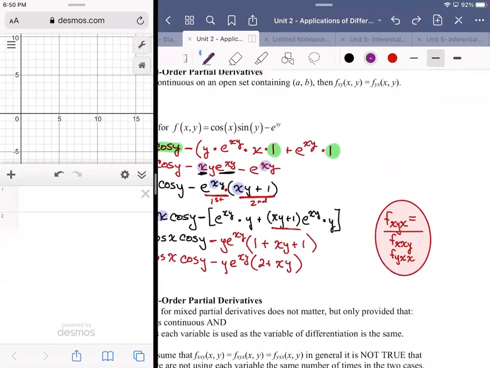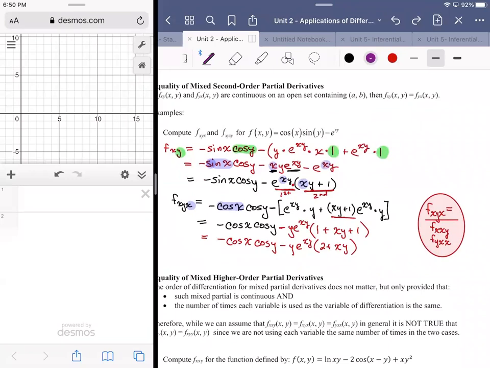So when we get to the next level, which is f sub xyxy, what I'm really saying here is, it doesn't matter in what order you take the fourth derivative, as long as in the process you've taken the derivative with respect to x twice and the derivative with respect to y twice, right?